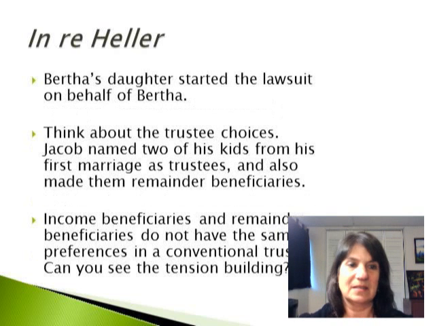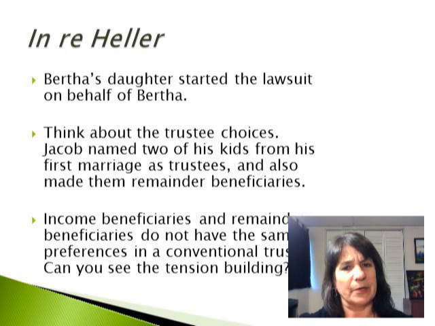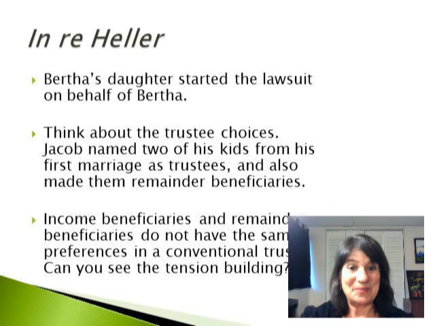Yeah, she wasn't happy, and her daughter was really unhappy. Sandy Davis was Bertha's daughter from a first husband, and a guy named Harry Rosenberg, I think, who may have been a baseball player. Anyway, so think about the choice of trustee here, right?